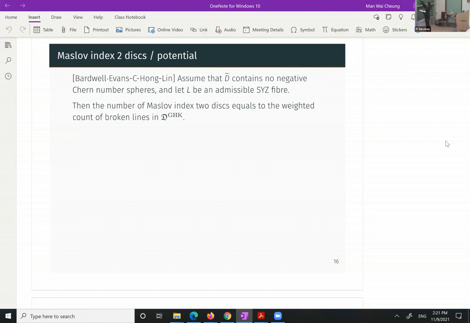We have something like that. And then Mark says something. We are gluing the Maslov index 0 discs to this, and then when we glue together, we get something like this.